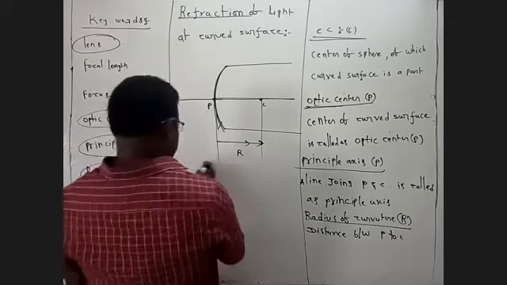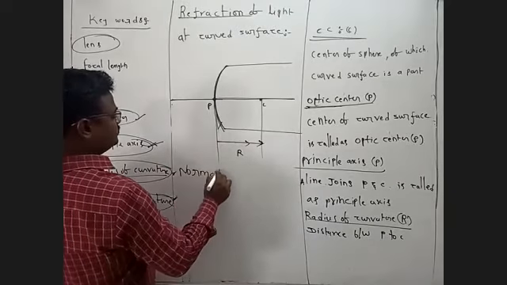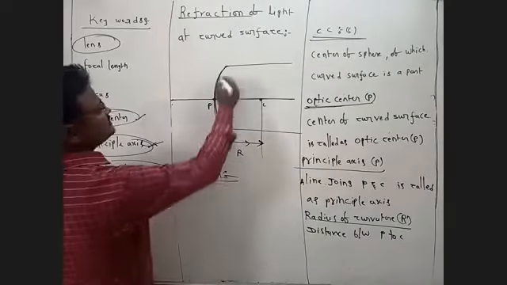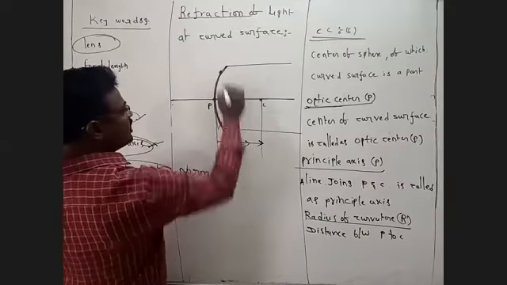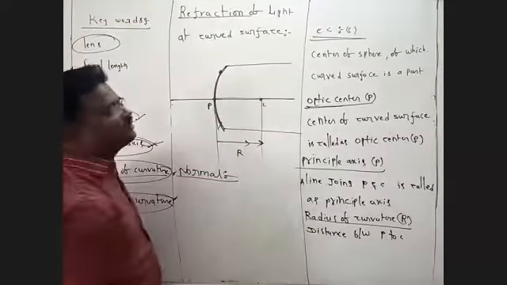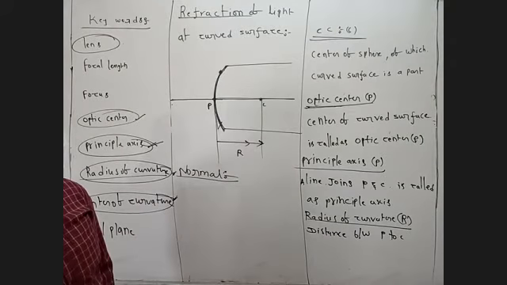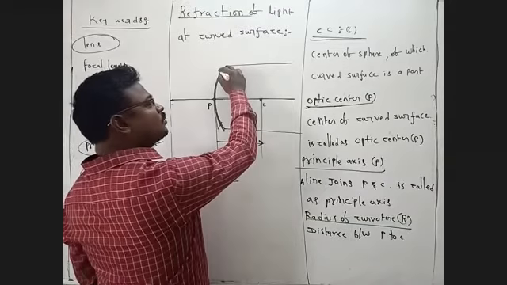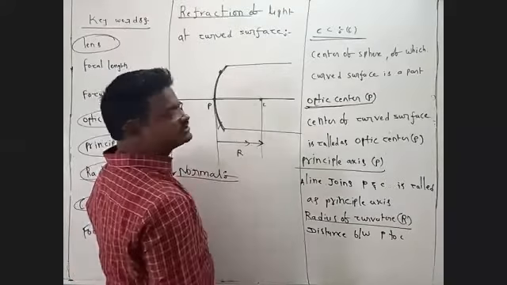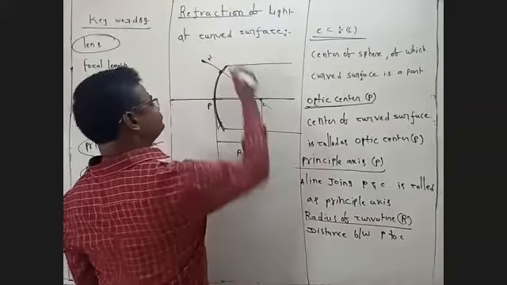Next, normal. Normal means this is one point on the curved surface, and this is the center of curvature. The line that joins the center of curvature to a point on the curved surface we call a normal.